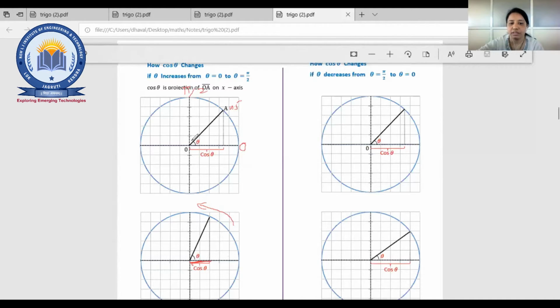Obviously this distance and this distance are different, this is more than this. So we can say the cos theta value is supposed to decrease when theta is increasing. When theta is increased, your cos theta is going to be what?